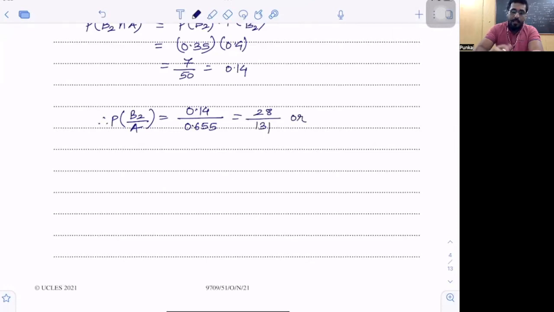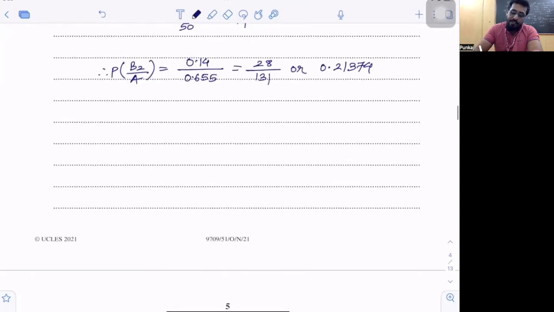Or you can write the answer as 0.21374. So I'm going to write three significant figures. So 28 upon 131, or I write 0.214, right? So that's how the question ends.